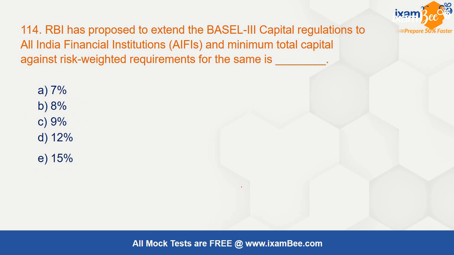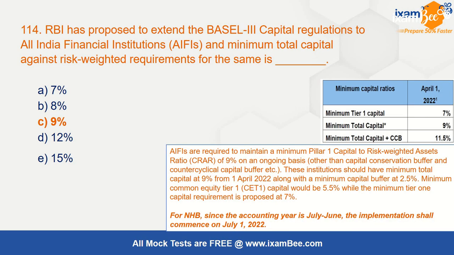RBI proposed to extend the Basel III capital regulation to All India Financial Institutions, AIFIs, and the minimum total capital against risk weighted requirement for the same. Here it is 9%. So AIFIs are required to maintain minimum capital of 9% against their CRAR. So capital to risk weighted ratio should be 9% on an ongoing basis, other than the capital conservation buffer and the countercyclical buffer.